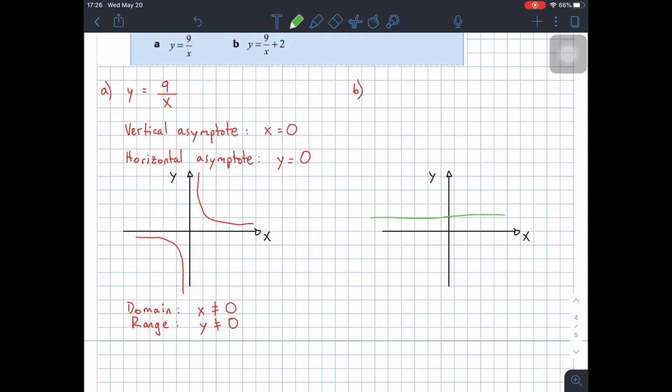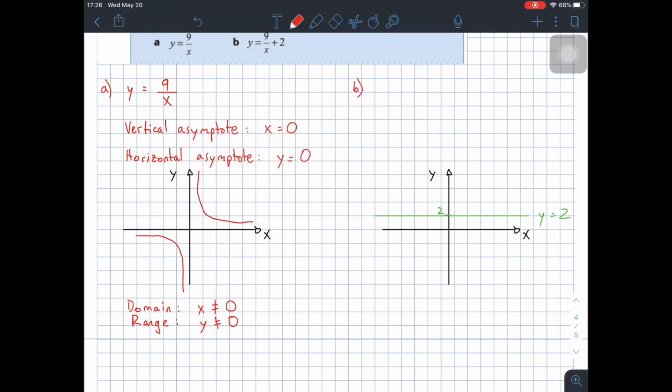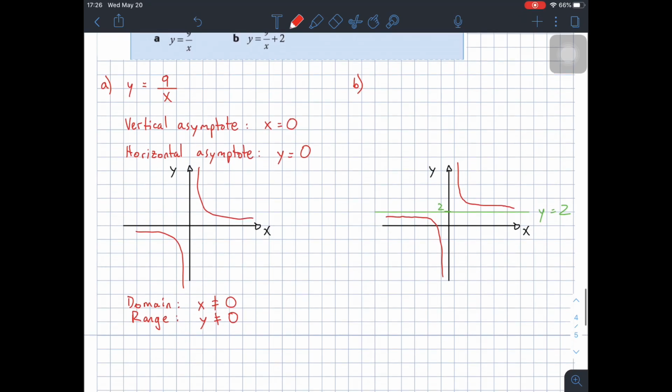I could say that this line corresponds to y equals 2. I'm going to say this is a 2 over here. So the graph would look exactly the same, but it would now be displaced 2 units up. So my hyperbola would be here and here. It has shifted 2 units upward.